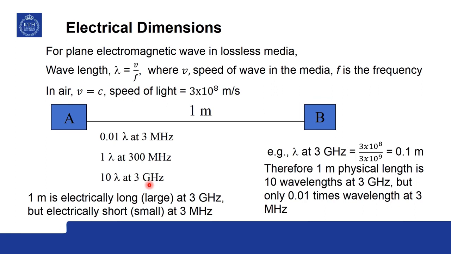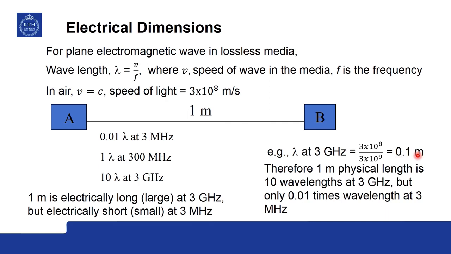So, we will introduce the concept of electrically long and electrically short. Often we will use this term. If we say that 1 meter is electrically long, it will be so at 3 gigahertz, because it means 10 times the wavelength.